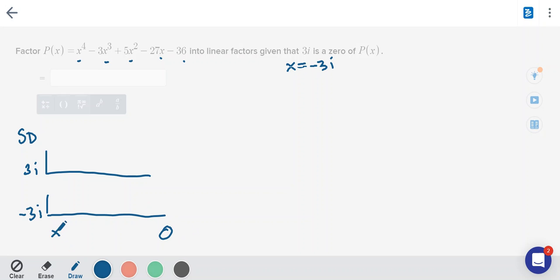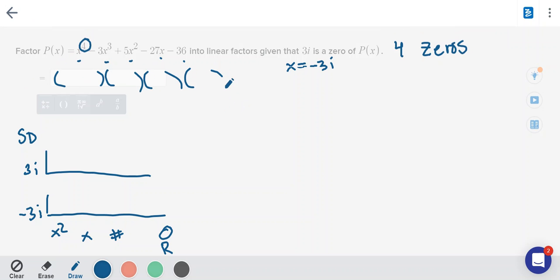And then figure out what these numbers are and then try to factor from there. Okay, keep in mind that there are 4 zeros because the degree is 4, which means my answer is going to have 4 linear factors.